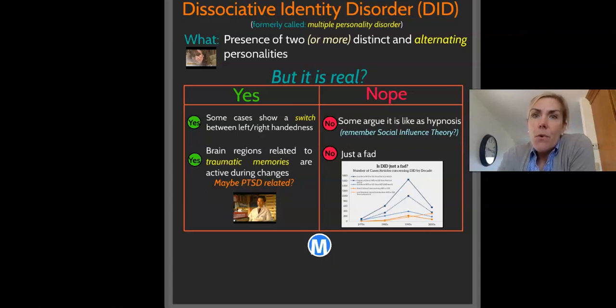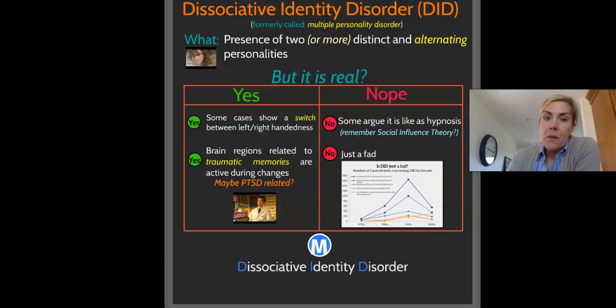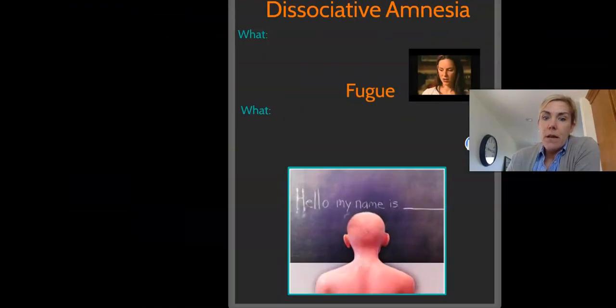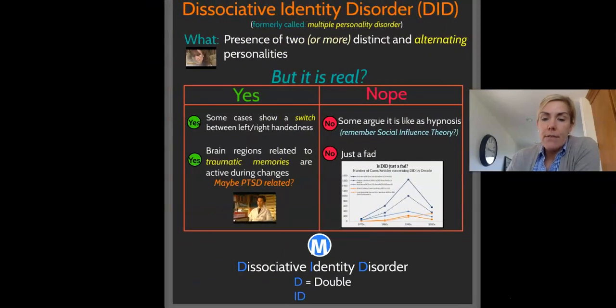There was a movie based on Sybil, who had it. So again, very controversial. Just so that you know, for dissociative identity, you have to have two or more distinct personalities, and then they alternate depending. So dissociative identity disorder: D for double, and then ID for ID.